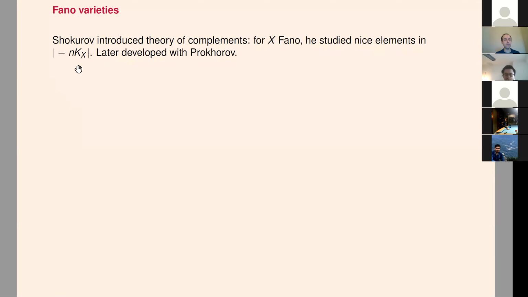And he looked at these linear systems and tried to find nice divisors. You may not always be able to find a smooth divisor because X itself can have singularities. So he said that in general, you should be able to find something nice in there with some kind of nice singularities. And he proved these things in dimension 2.